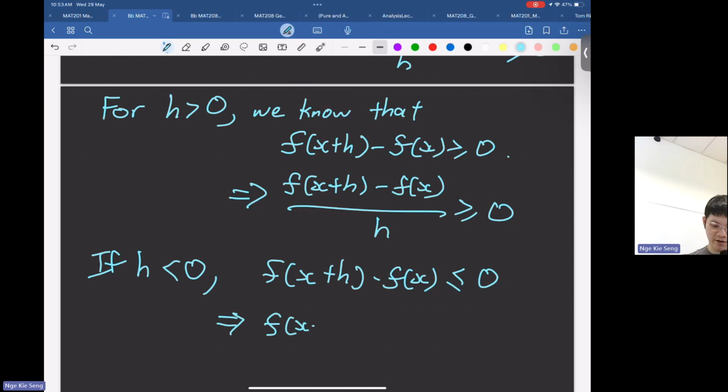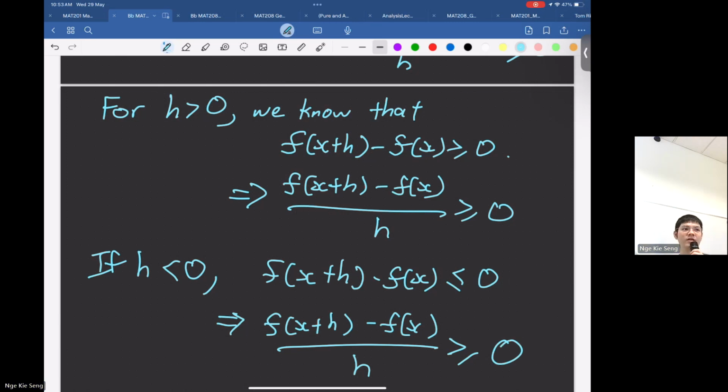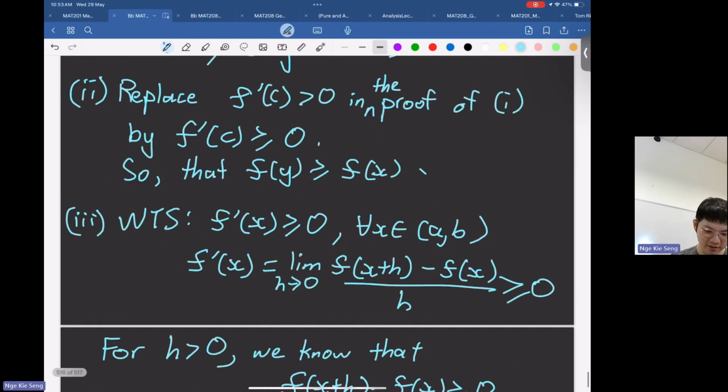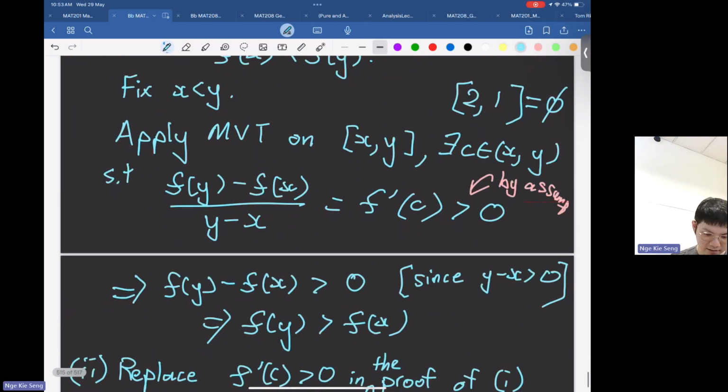So you will have the inequality swap, correct or not? Because you divide. Okay, so meaning what? If you take the left and right limit, both of them have to be greater or equal to 0.